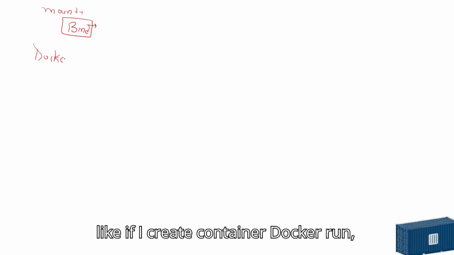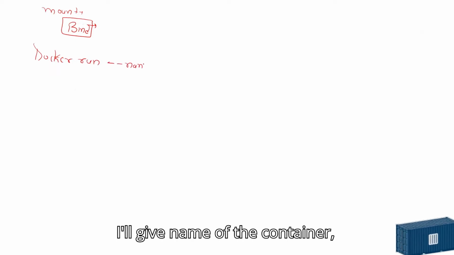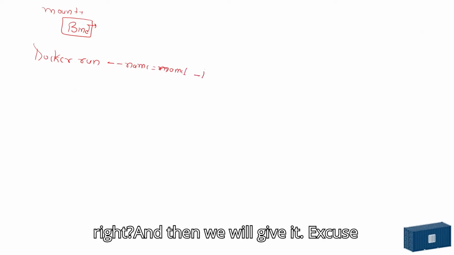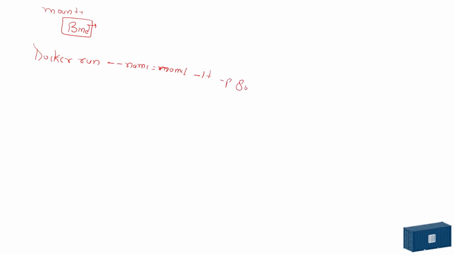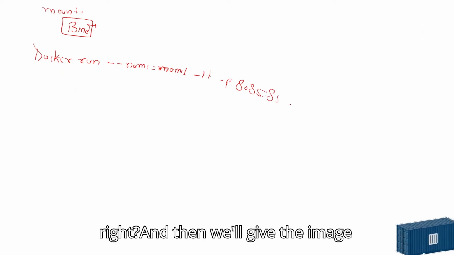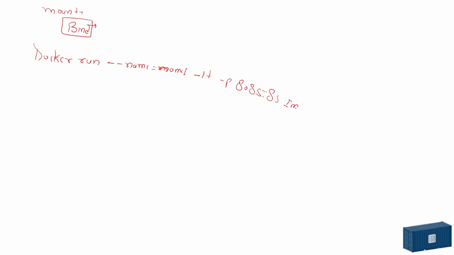If I create a container with docker run, I'll give the name of the container, then the ID, and then the port number, and then we'll give the image name.